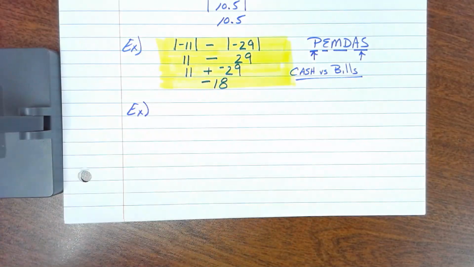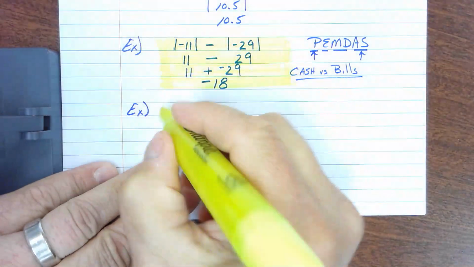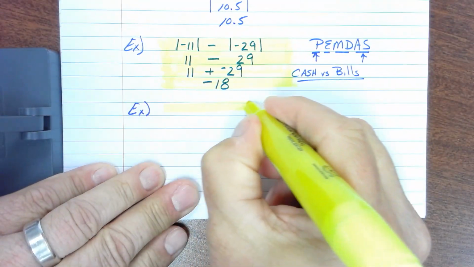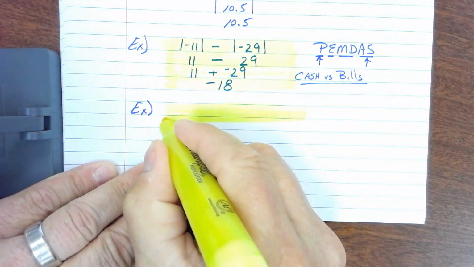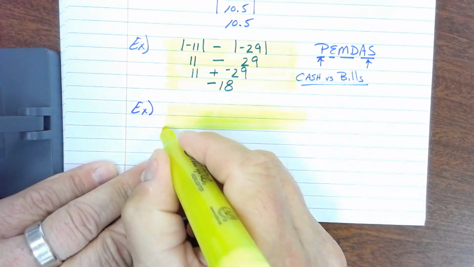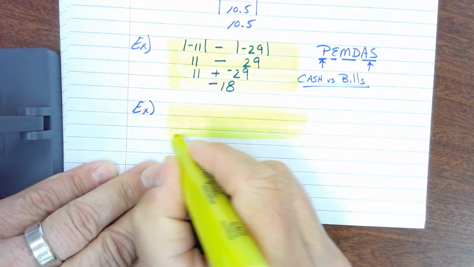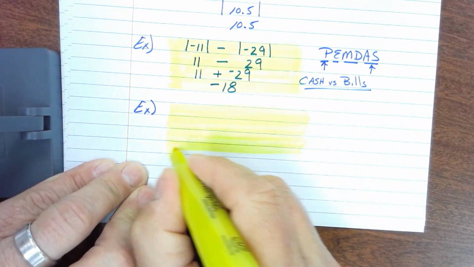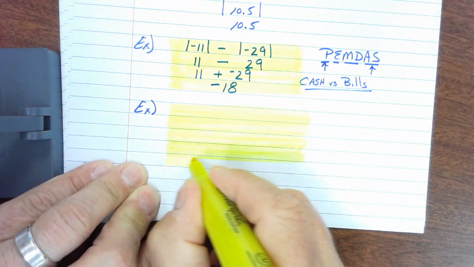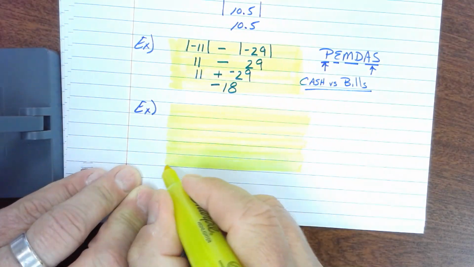The next example is a little more rugged, a little more to it, and it's because it's a little more difficult, few more signs, few more numbers, we're gonna highlight it. Not that we can't do it, but because we can.